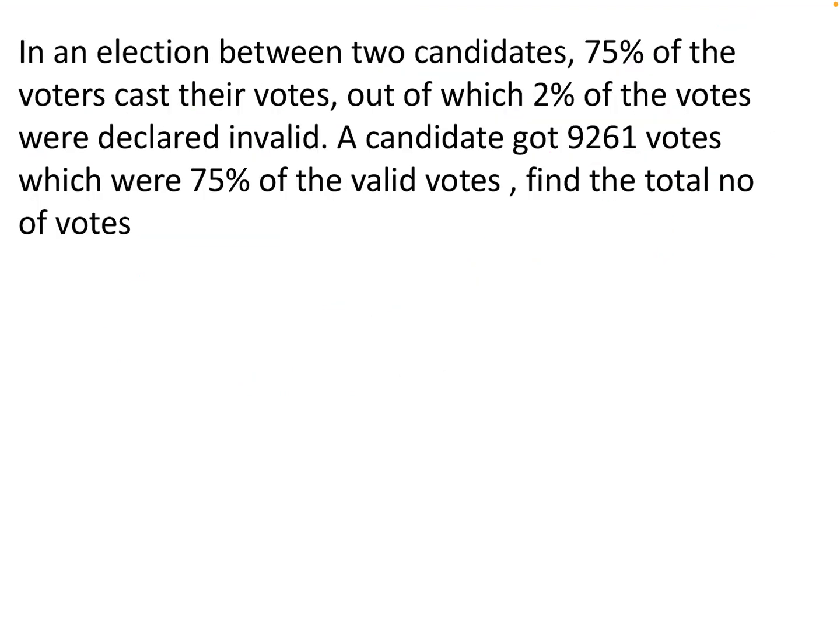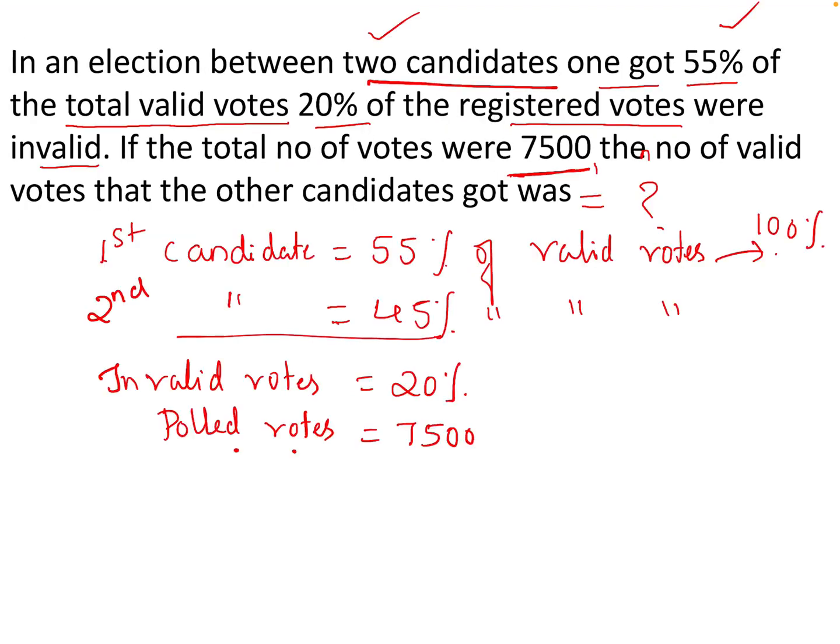The other candidate is nothing but the second candidate. So how many votes did the second candidate get, they are asking. Now we know total votes is 7,500. From this total, 20% are invalid.